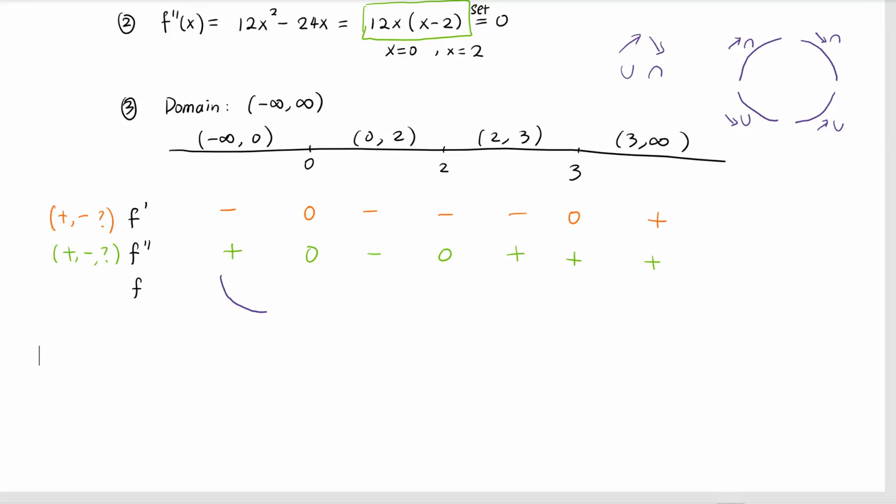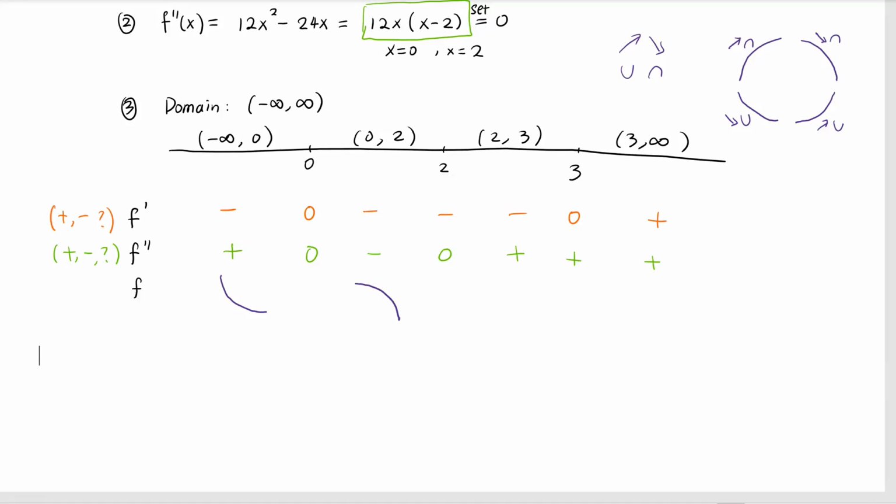Okay? And then from 0 to 2, F prime negative, so decreasing. F double prime negative, concave down. So decreasing and concave down is like the right upper corner. So the shape is like that. Okay?